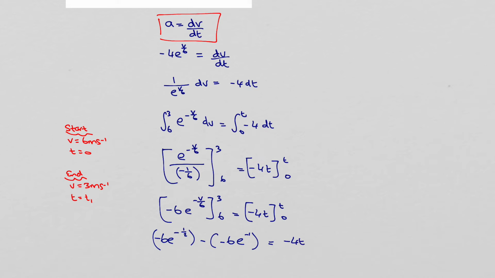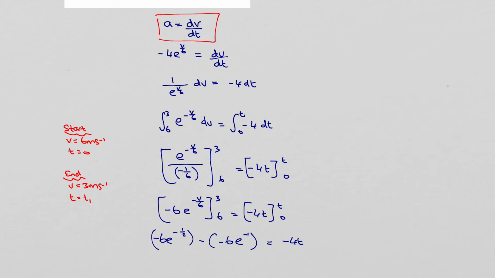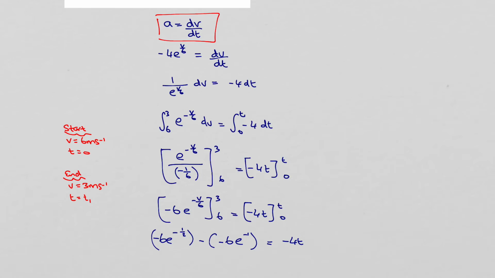And then that's minus 4t minus 0. Tidying that up, we end up with minus 6e to the power of minus a half, then minus 6, so that's plus 6e to the power of minus 1, and that's equal to minus 4t.